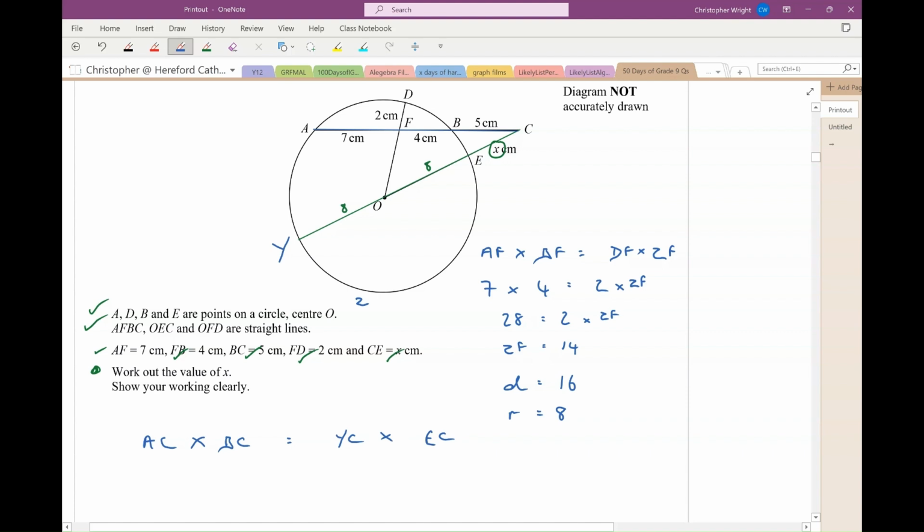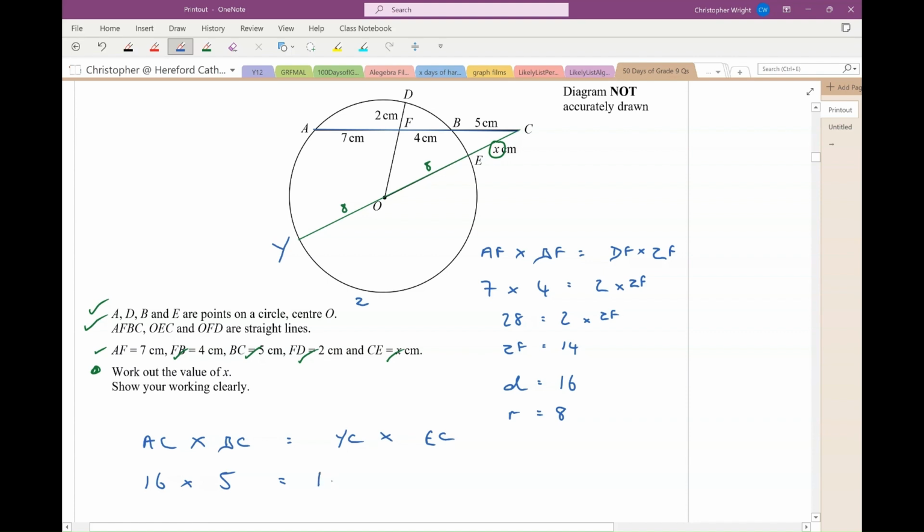Now can I fill in the gaps here? Let's have a think. So A to C is 7 plus 4 plus 5, 16, times B to C is 5 equals Y to C. Well, Y to C is 8 and 8 and x, isn't it?